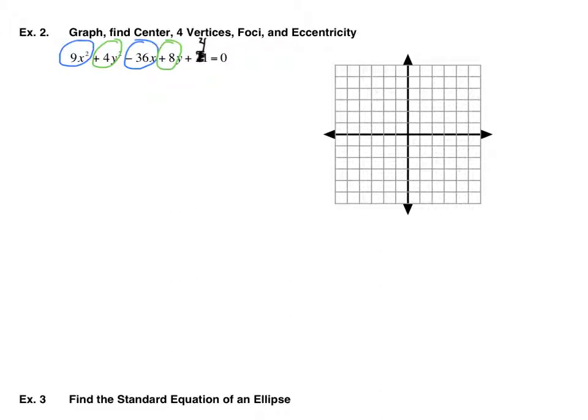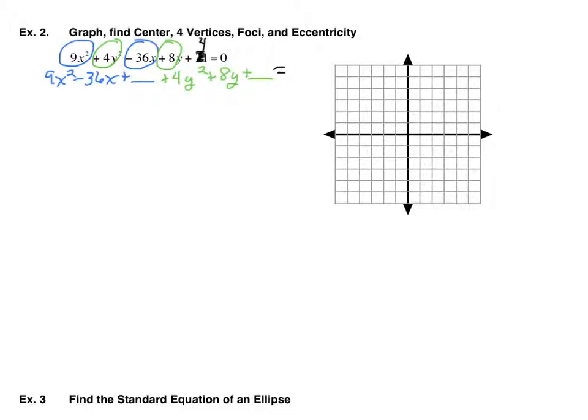So then I'm going to color code everything. So I have 9x squared minus 36x. Then we're going to have a plus blank. Why? We're going to have to complete the square to get a squared binomial for that formula. And then plus 4y squared plus 8y plus a blank equals, and then I'm going to move that plus 4 to the right by doing what?